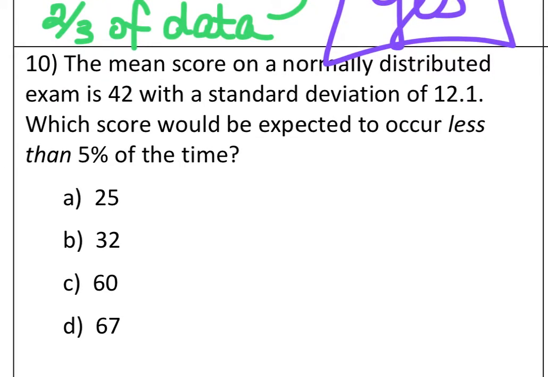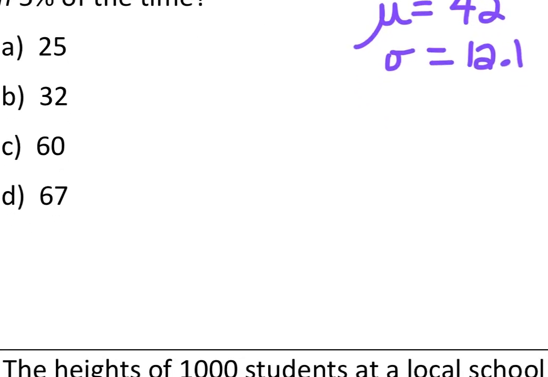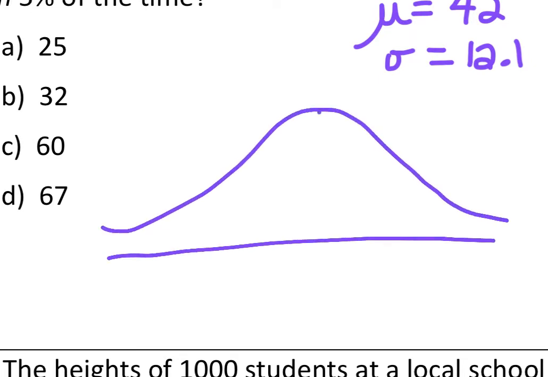So here in number 10, your mean is given as 42, and your standard deviation is given as 12.1. And I would go ahead and draw and label a normal curve.